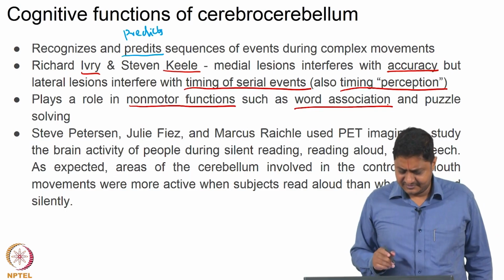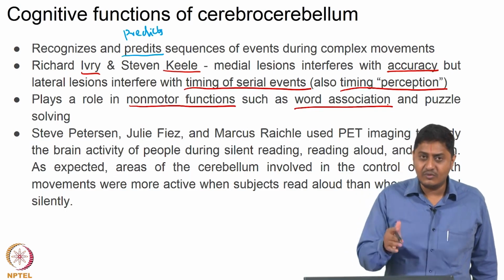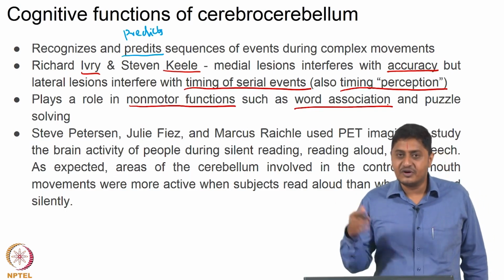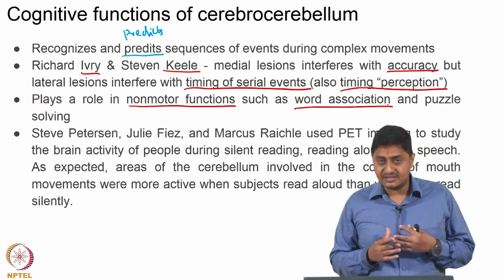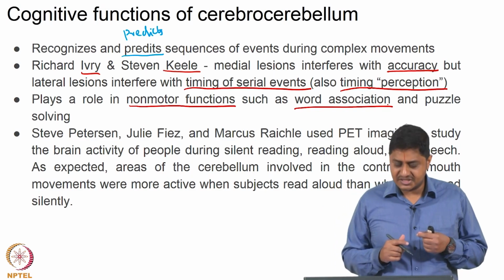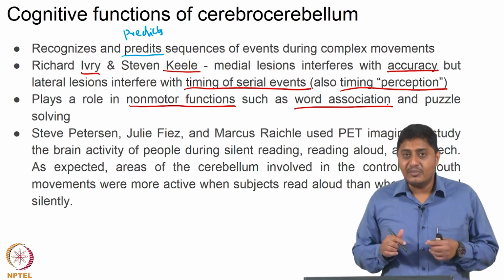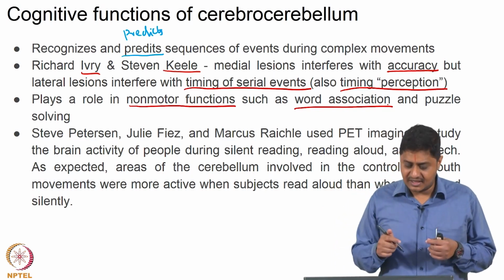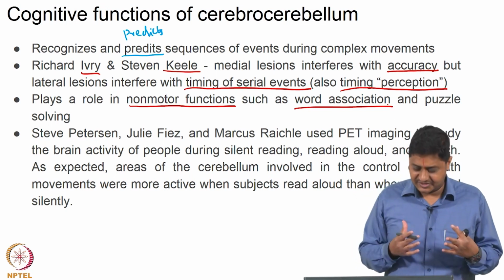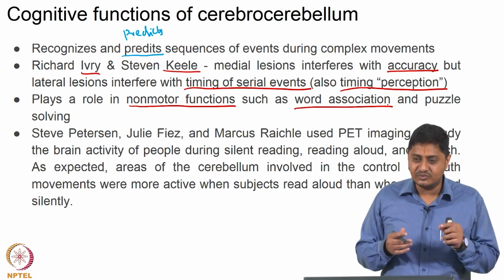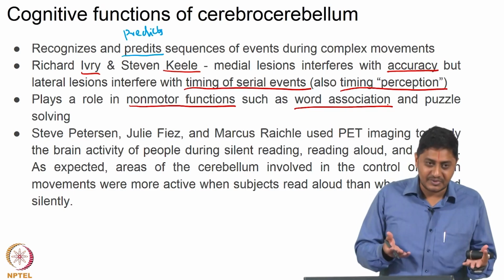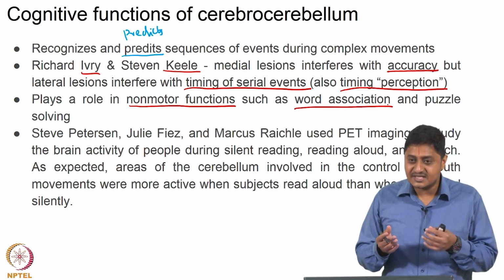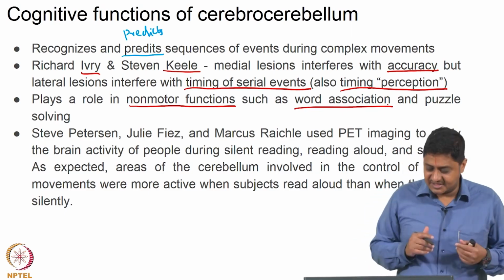This involves not just speaking out the word, but also an association that has cognitive implications. I have to be able to say whether the cat meows or barks, for example. So, some cognitive processing is required.